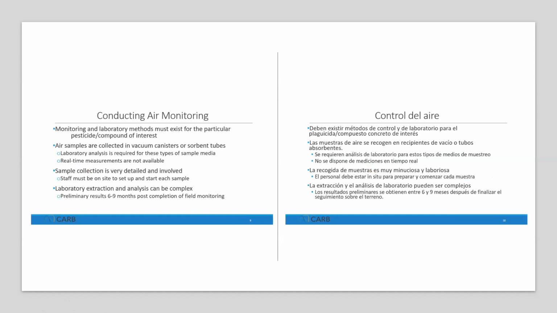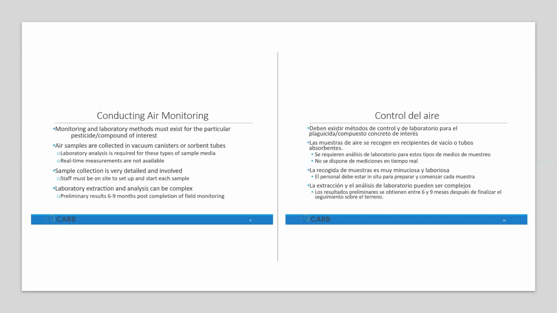In terms of conducting air monitoring, we want to make sure a couple of things line up. We want to make sure that monitoring and laboratory methods already exist for the compounds of interest. Air samples are collected in either sorbent tubes or vacuum canisters, and laboratory analysis is required for these sample media.